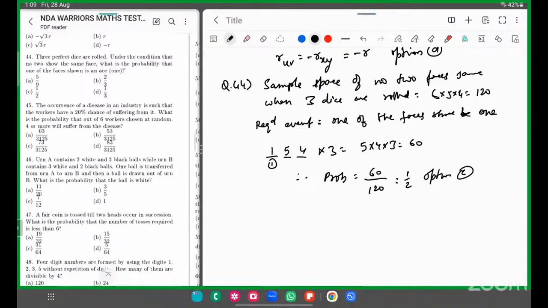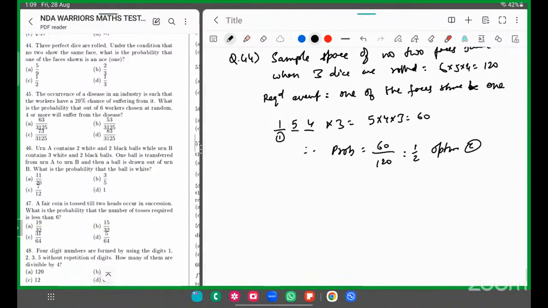Okay. Occurrence of a disease in an industry. Question number 45, you can see.